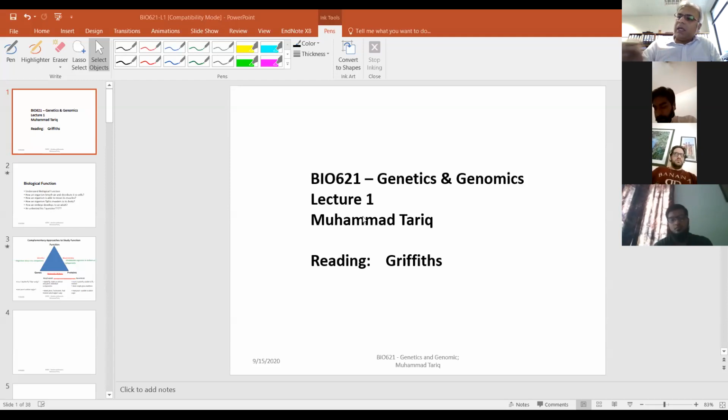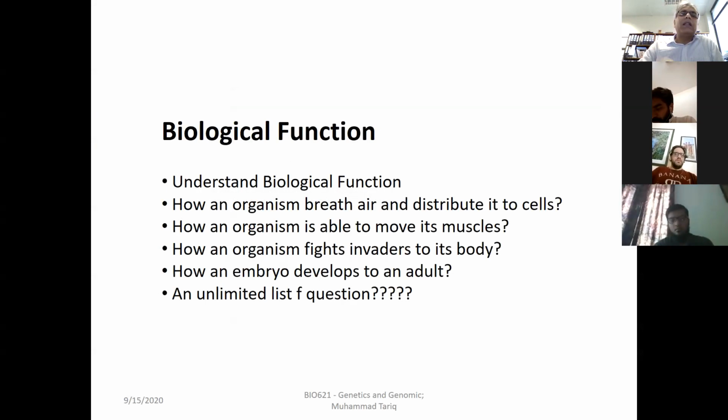So in biology, we have many questions. For example, as biologists, you may be interested in understanding how you breathe air, how your muscles move, or how you fight back infections, how your body's immune system works.